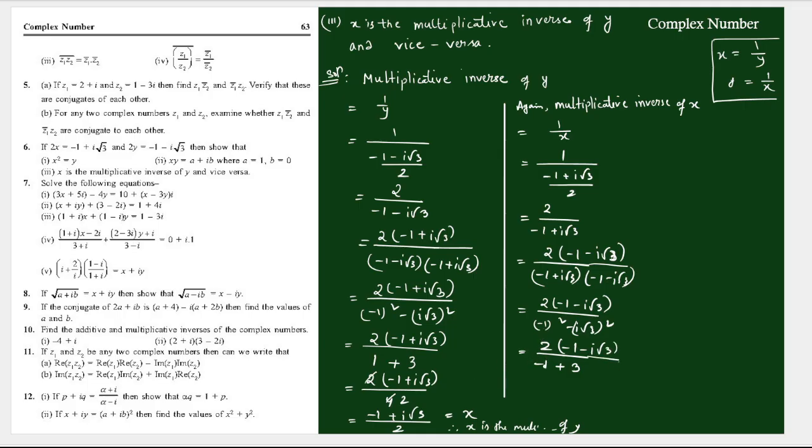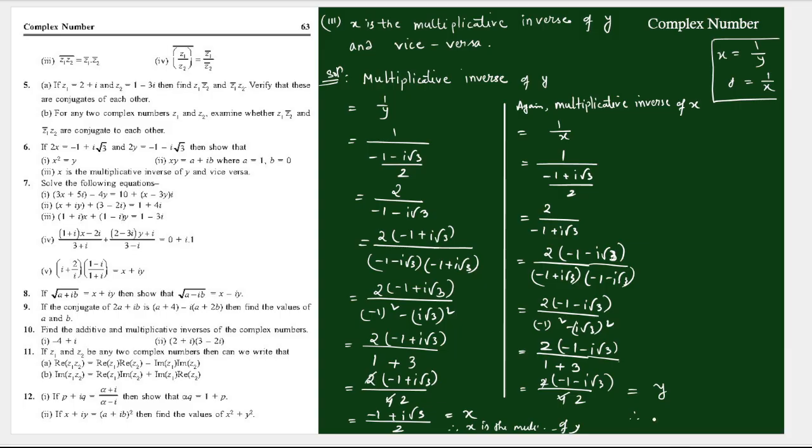Oh, this is not minus 1. This is plus only. Okay, you write plus. The square root of minus 1 is plus only. From where will it come minus? Yes. So same 4. This is 2. 4 cancel. And this is nothing but your y.